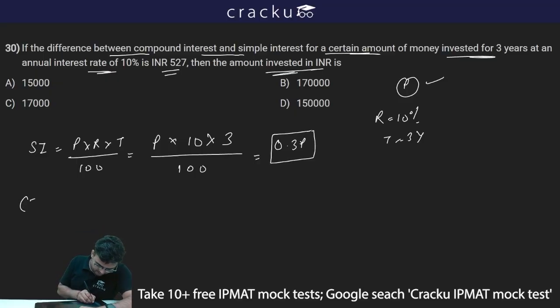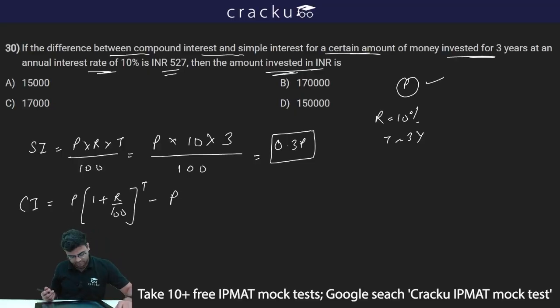Now what is my compound interest? The compound interest is given by the formula P into (1 plus R by 100) whole power T minus P. This is how you get the compound interest value, because this is the amount after T years. Now amount after T years minus the principal amount will give me the interest amount. So I can take P into, what is R?